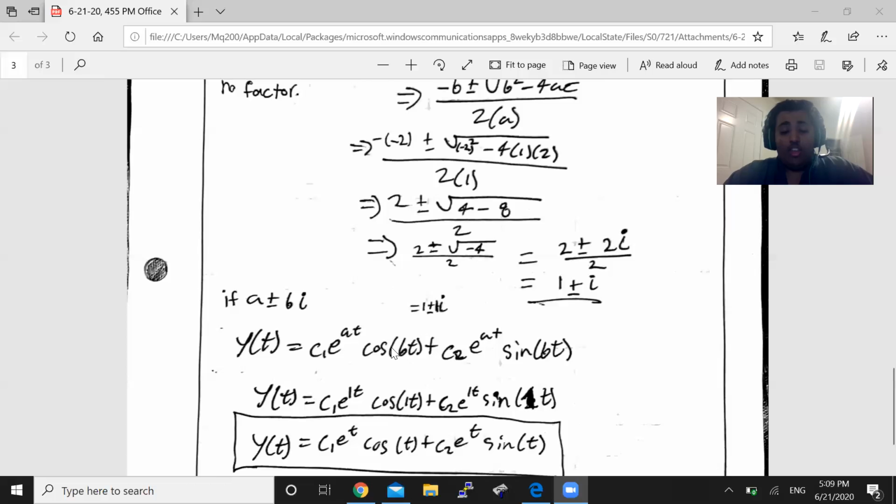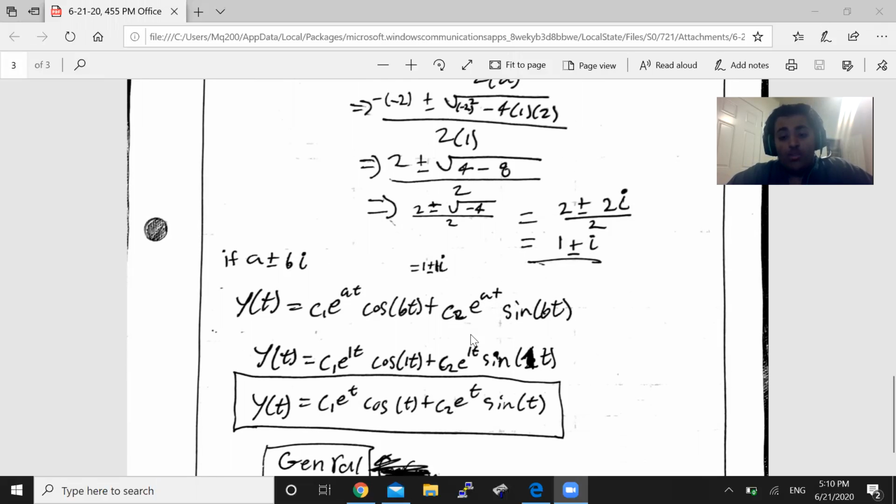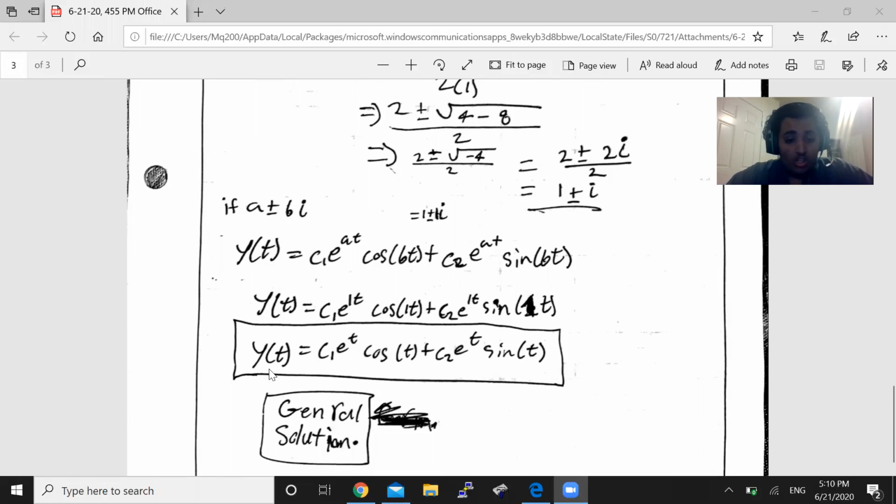The first one you get a cosine, the second one you get a sine. The a is the 1, but what's the b? It's not going to be the i. The coefficient was 1, so I just plugged in the 1s, and that wouldn't change anything. Just take away the r's, and that's the equation right here. That's the general solution of that equation also.